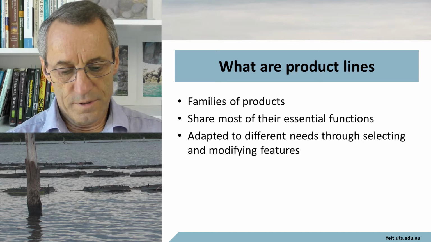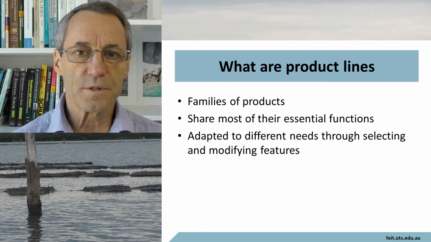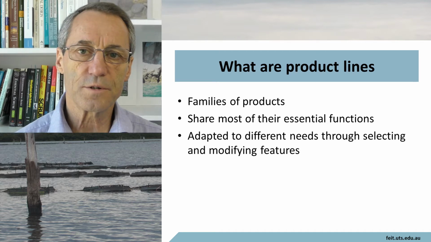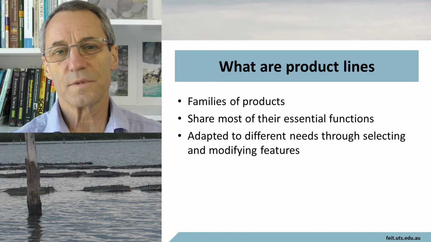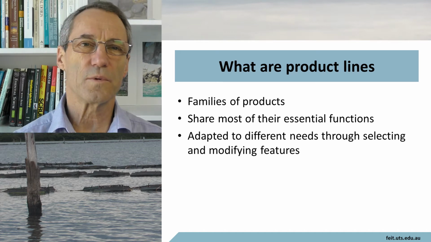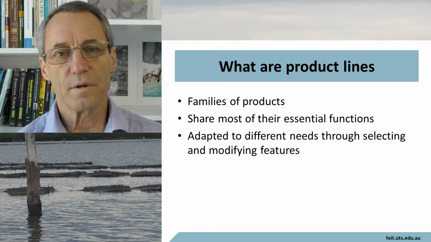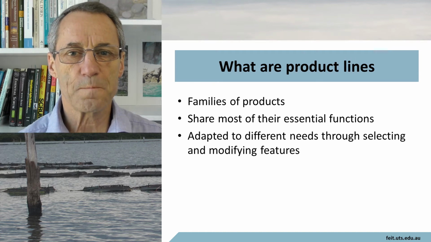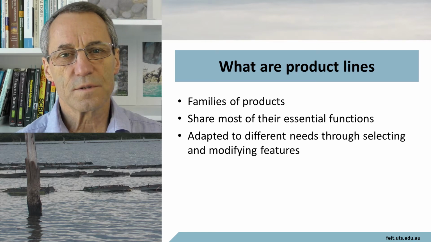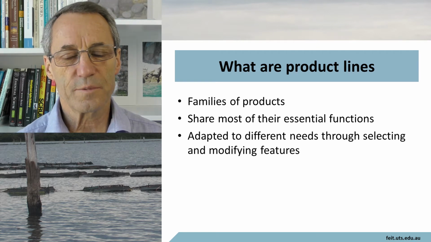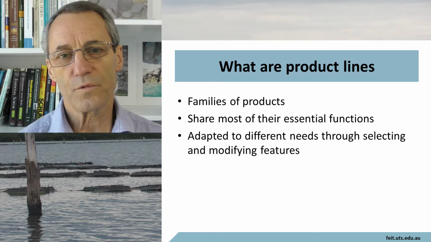Product lines, for example, are families of products. They share most of their essential functions, so they are essentially the same. For example, you get a product line of lights. Now, I have a studio light in this room, and studio lights all share very similar characteristics. They have one or two bulbs.